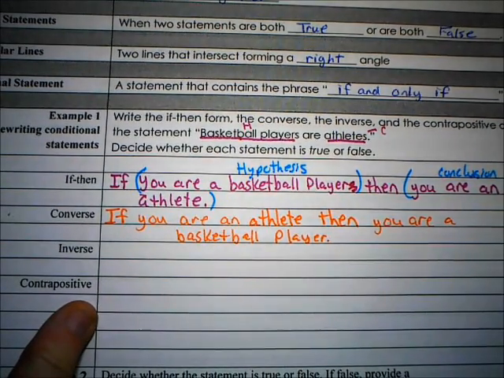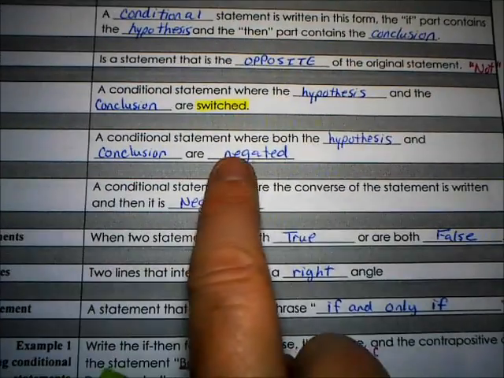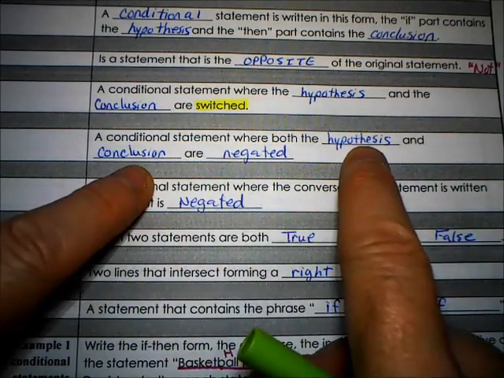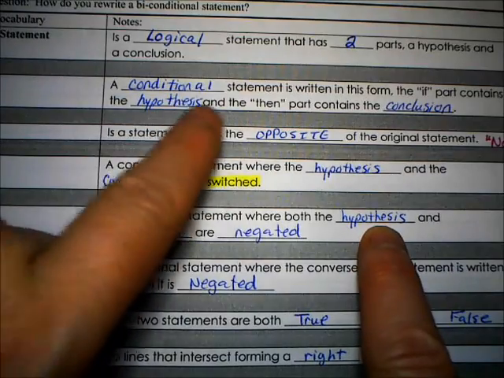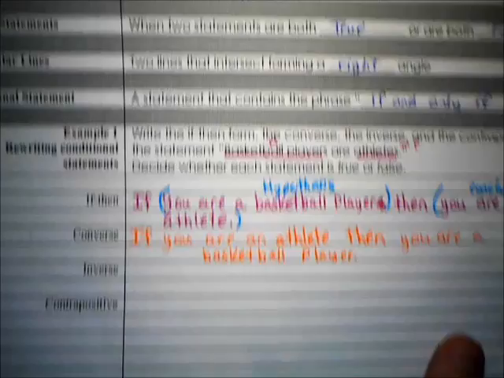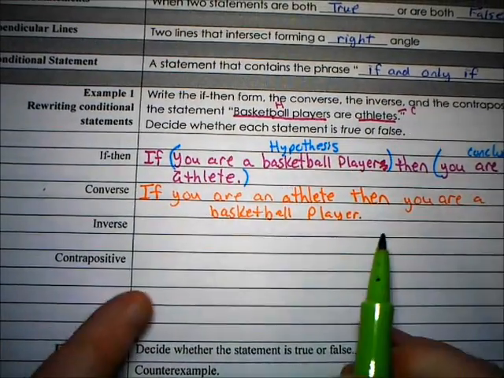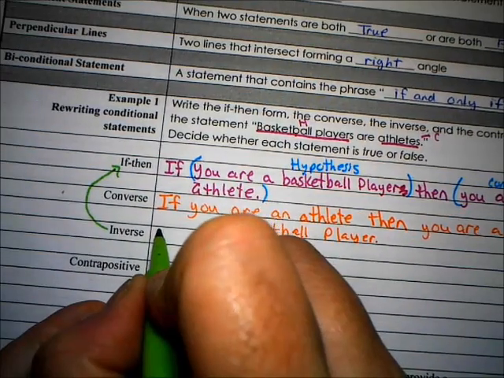The inverse statement, I look up here, the inverse, I go back to where I have the hypothesis and conclusion of my conditional statement. So I'm back to my original form, but I have to negate it. So I've got to put a not in there. So the inverse goes back to the original.